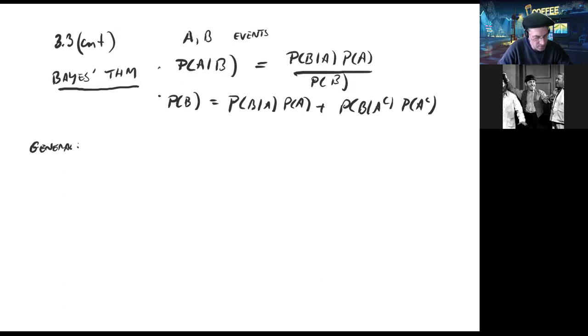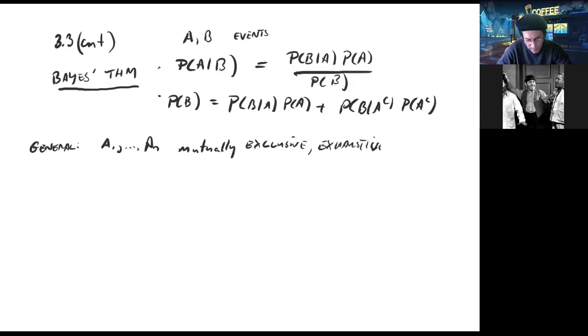So you have a bunch of events, A1 through AN, and they're mutually exclusive. And they're exhaustive. So the union of all the events is the sample space, and the pairwise intersections are all empty.